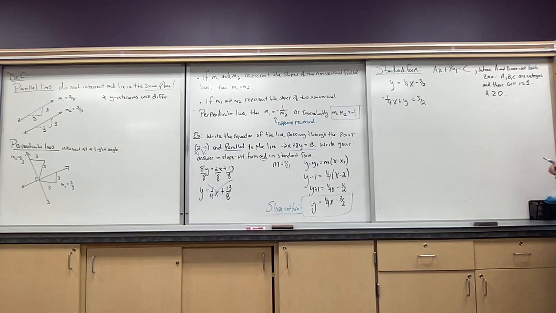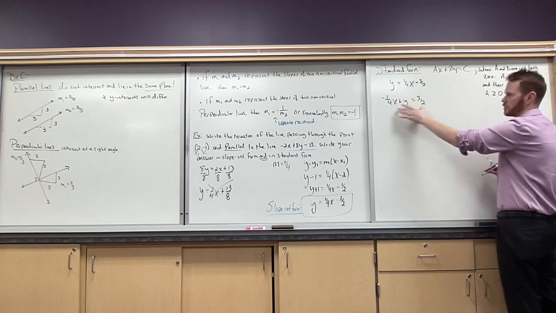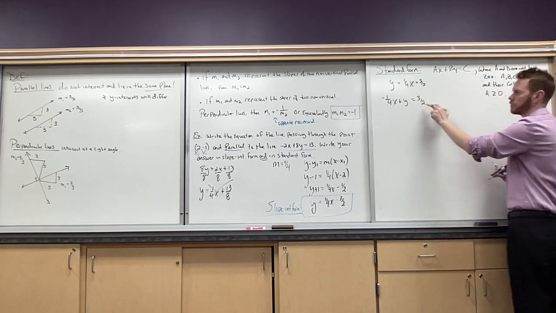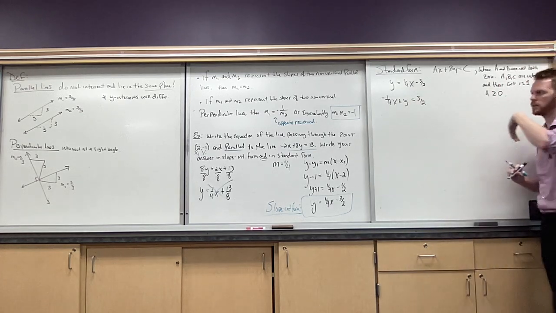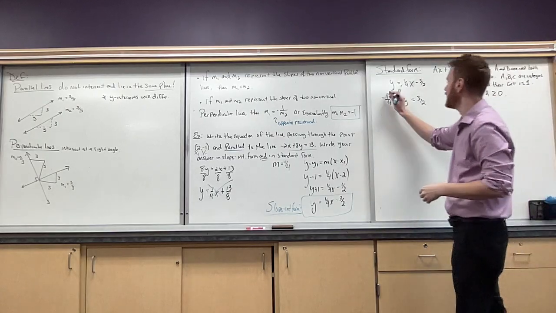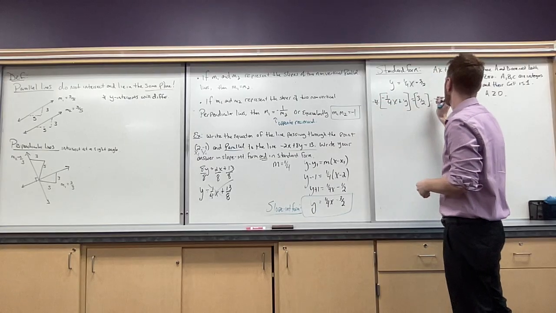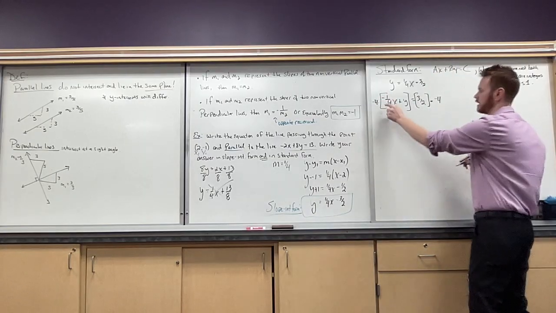Here's what I'm going to do. I'm going to do this in one step: get rid of the negative and make these all integers. If you're looking at the 2 and the 4, what's the least common multiple for 2 and 4? Just 4, right? So I'm going to multiply both sides by -4. That way I can make that positive.